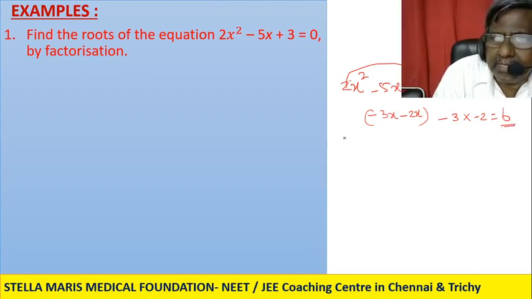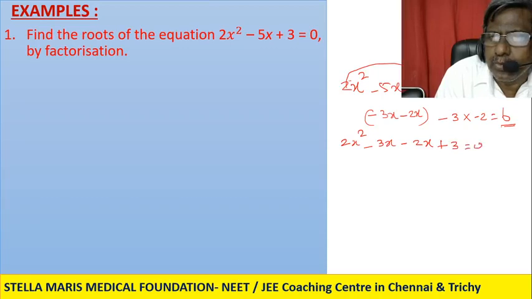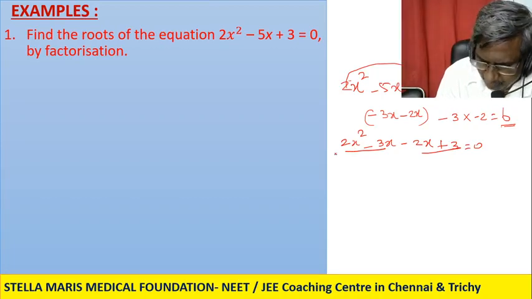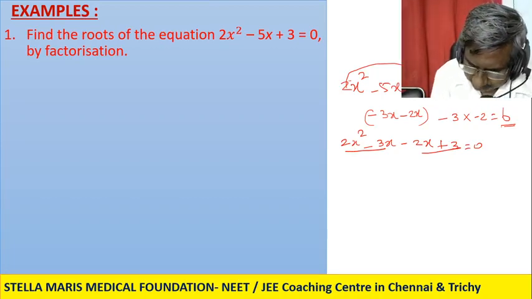So now we can write like this: 2x square minus 3x minus 2x plus 3 is equal to 0. First you have to take these two things and the other two things. So I'll take here common, what is common? X is common.